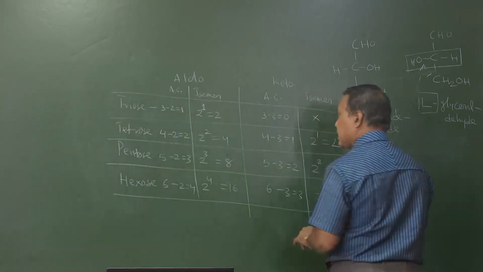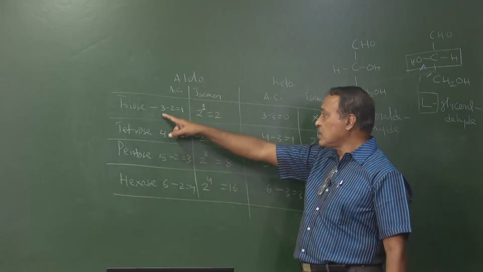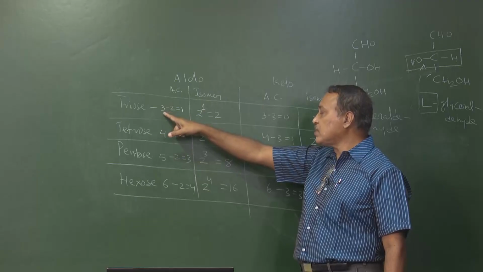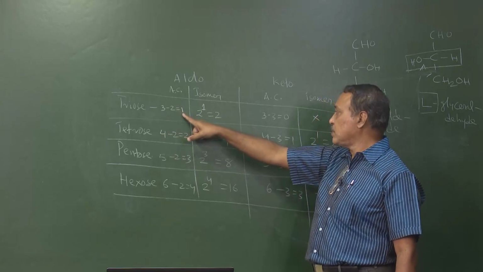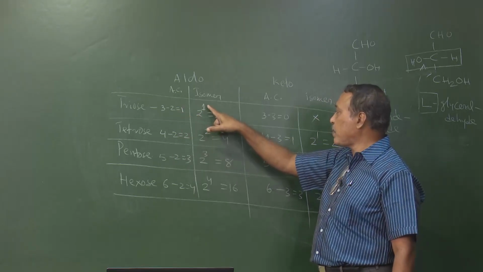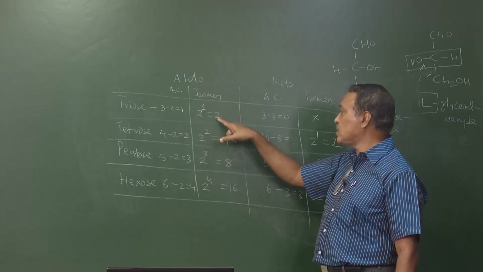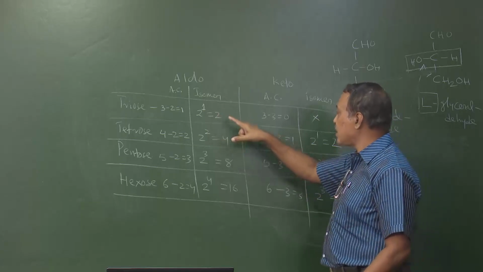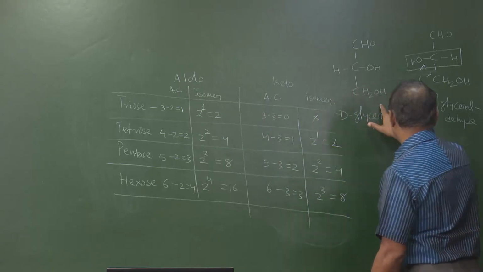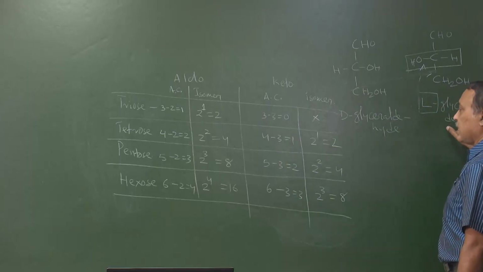We can have it like this. If we have a triose, then there will be 3 carbon atoms, out of which minus 2, so 1 asymmetric carbon atom. So now 2 to the power number of asymmetric carbon atoms is 2. We have already seen they are one D-glyceraldehyde and another one L-glyceraldehyde.